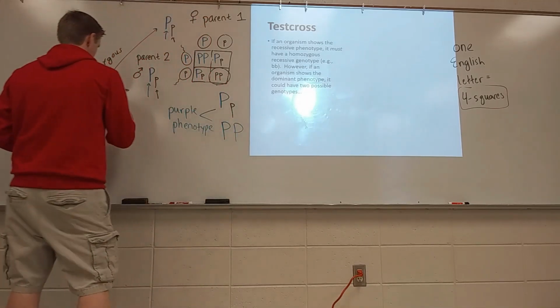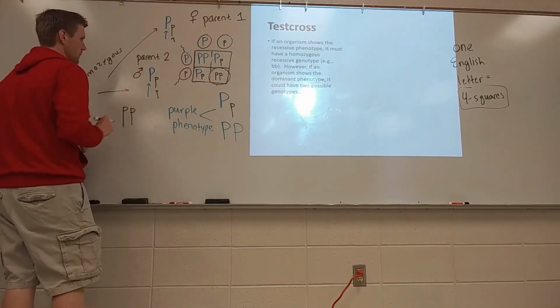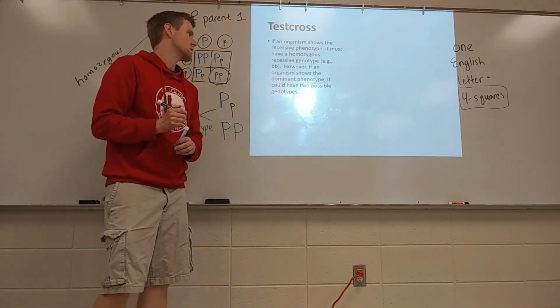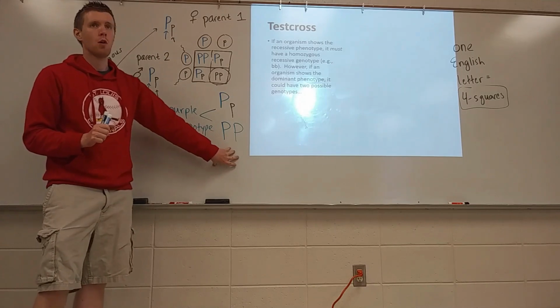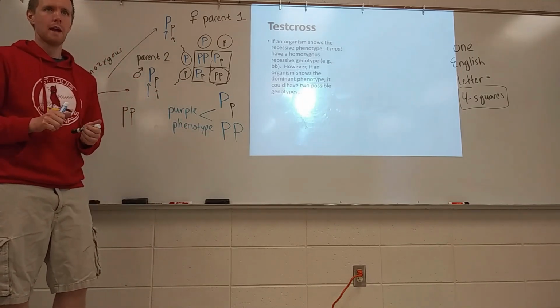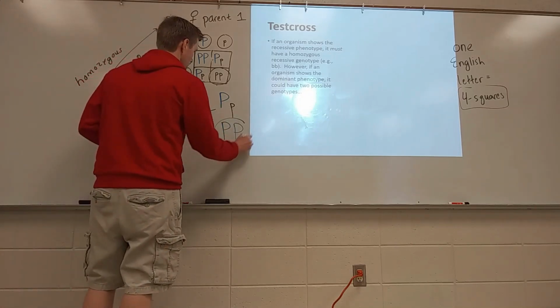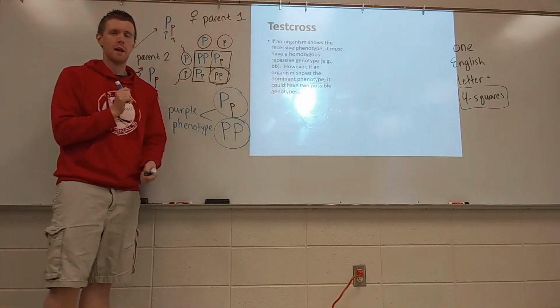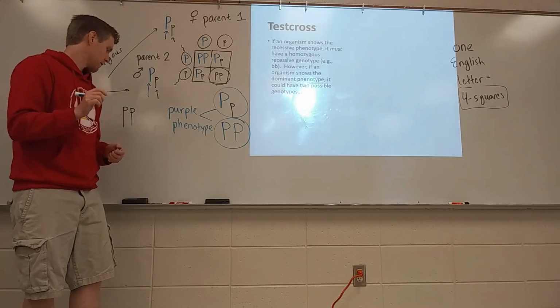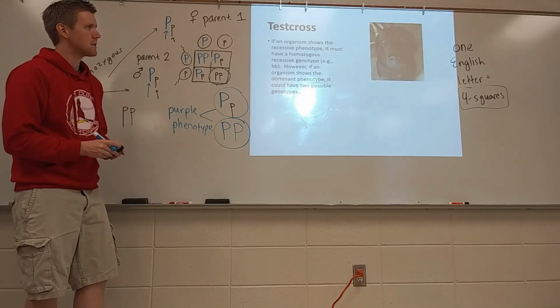For instance, in the pea plant example, it's little p, little p. However, if something shows the dominant phenotype, purple flowers, you have no way to know just by looking at it whether it's homozygous dominant or heterozygous. So how can you tell? You can perform what's called a test cross.